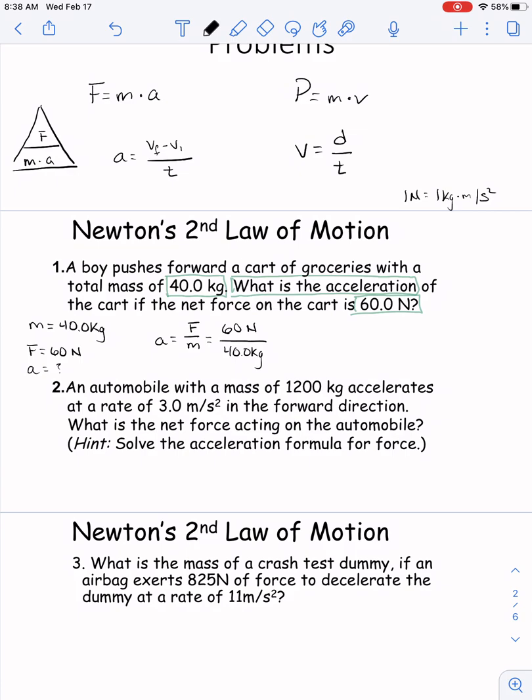So in taking a newton and dividing it by kilograms, we're actually canceling the kilogram portion, and we're going to end up with meters per second squared. So here, 60 divided by 40 gives me 1.5 meters per second squared.